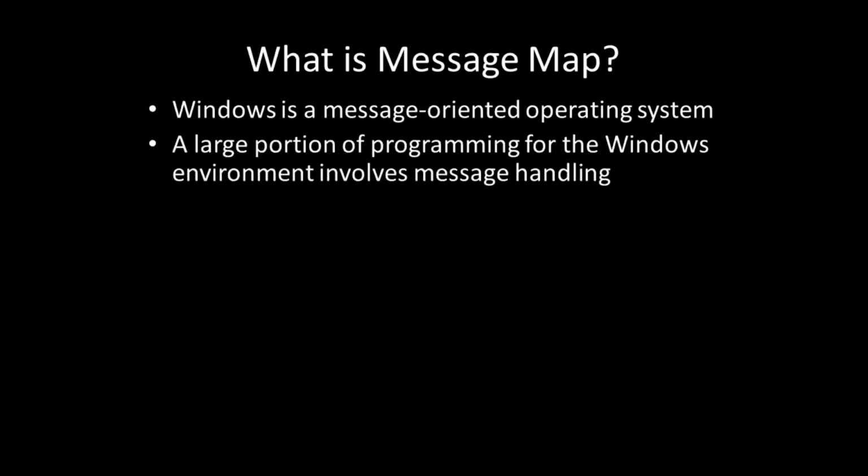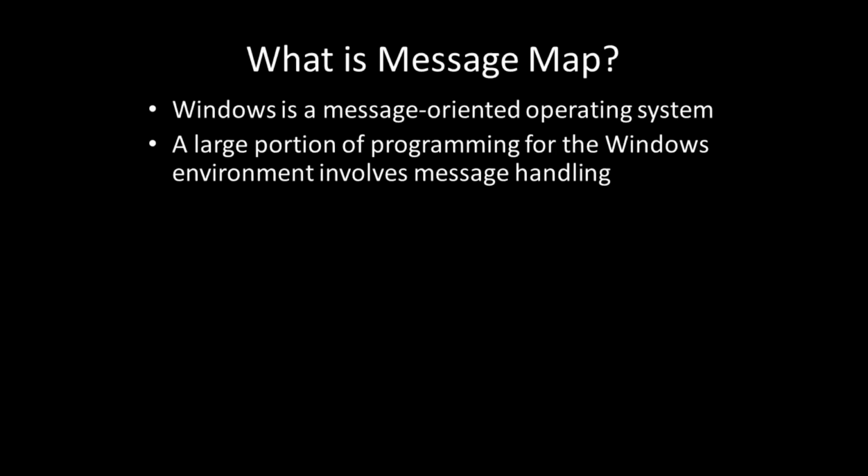So a large portion of programming for the Windows environment involves message handling. Whatever event you are capturing, whatever functionality is happening within the OS or within your application, is because of some message.